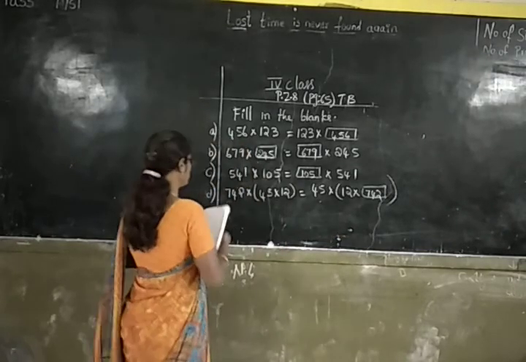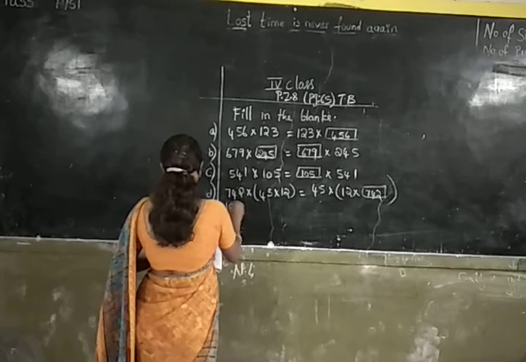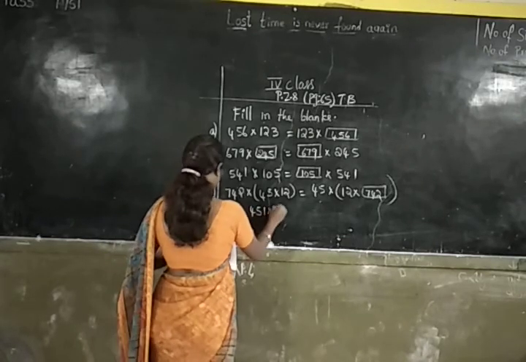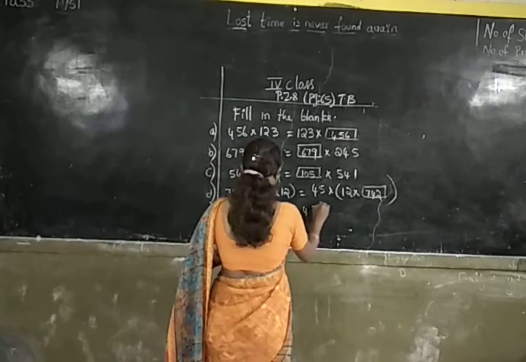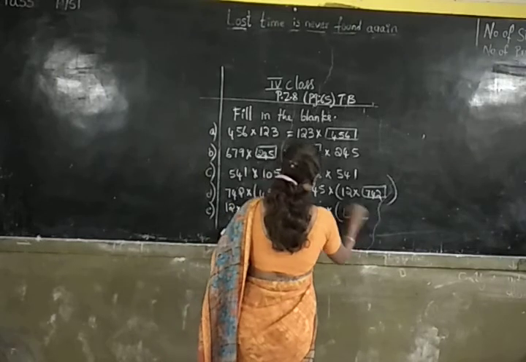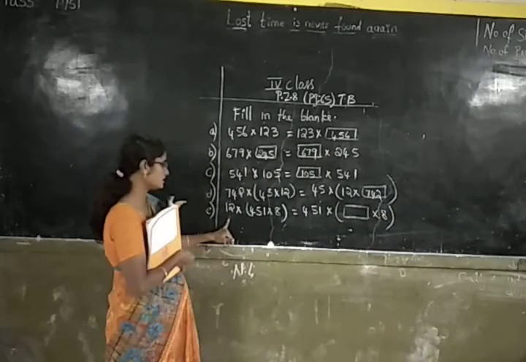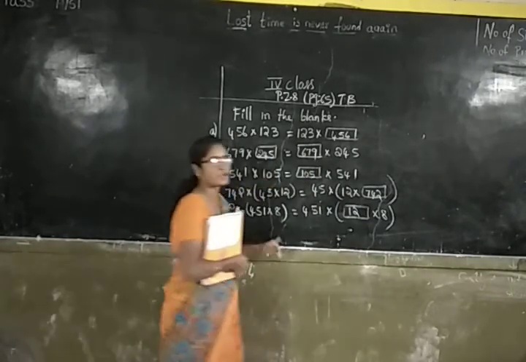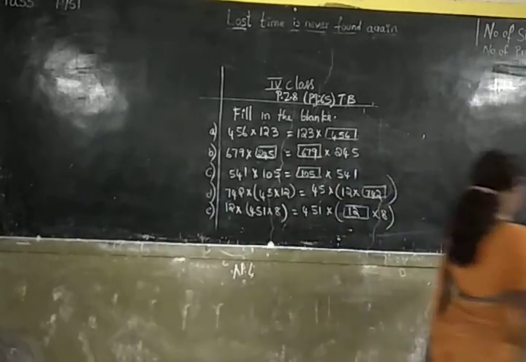Now let us move to the E sum. 12 into 451 into 8 is equal to 451 into box into 8. So which number is missing here? Here the missing number is 12. This is according to the associative property of multiplication.